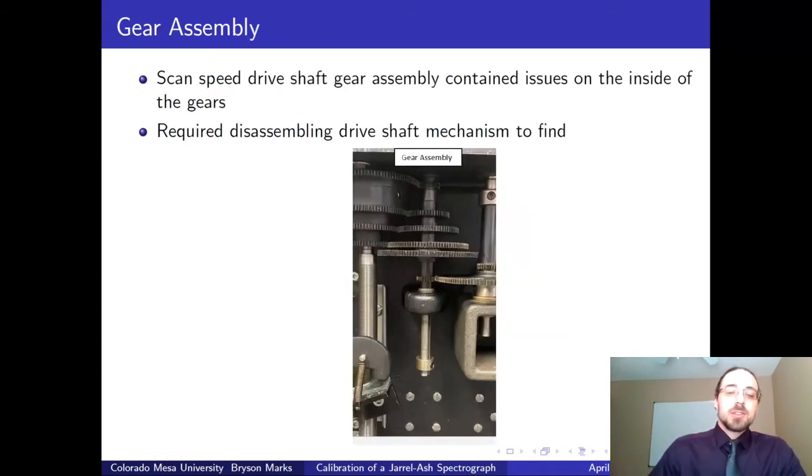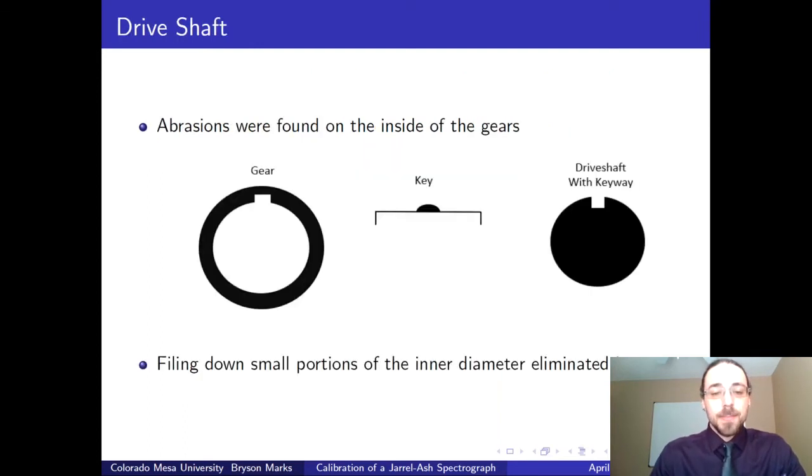The scan speed driveshaft gear assembly contained issues on the insides of the gears. This required taking apart this assembly and analyzing the gears and the driveshaft associated with it. Abrasions were found on the insides of the gears, on the inner diameter, if you will. To realize what happened, we have to understand how it comes together.